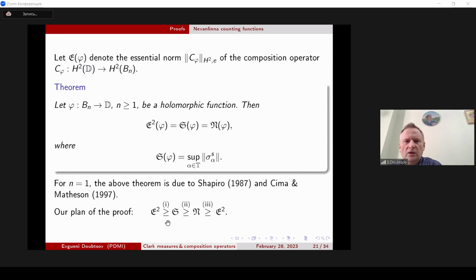In the Hilbert case, the essential norm squared is equal to S of phi, the supremum in terms of the singular parts of the Clark measures, and also it is equal to N of phi, the corresponding expression in terms of the Nevanlinna counting function. When p equals 2, the equality between E squared and N was obtained by Joel Shapiro.